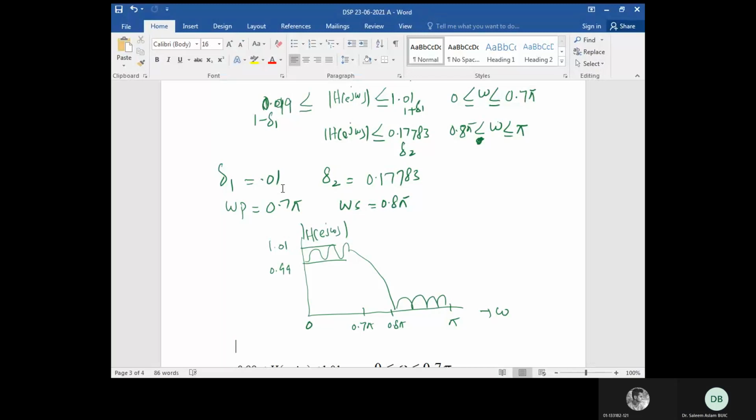Similarly, you can't take 0 as omega pass, so 0.75 pi is basically the omega pass, and 0.8 pi is the omega stop. The difference between omega stop and omega pass indicates delta omega, right? So now you can derive this sort of line directly from here.